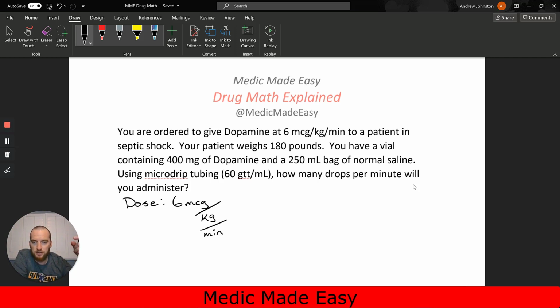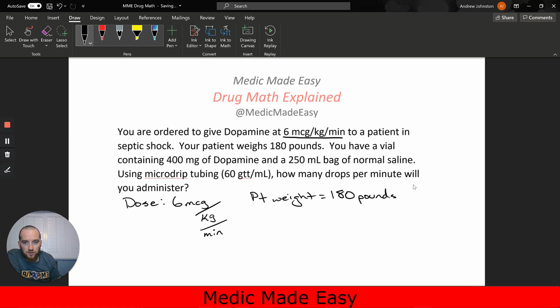Slightly more complex than our lidocaine infusion, because now we actually have to factor in a weight for this patient. It's a weight-based medication. All right, so we've got our dose. We've got our patient weight, which is 180 pounds.